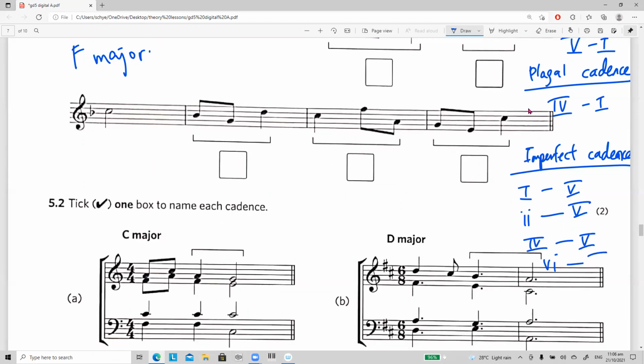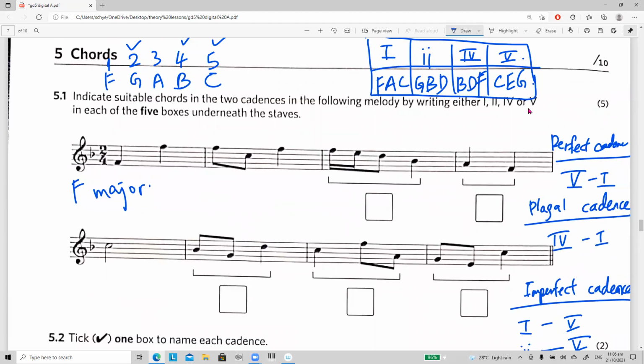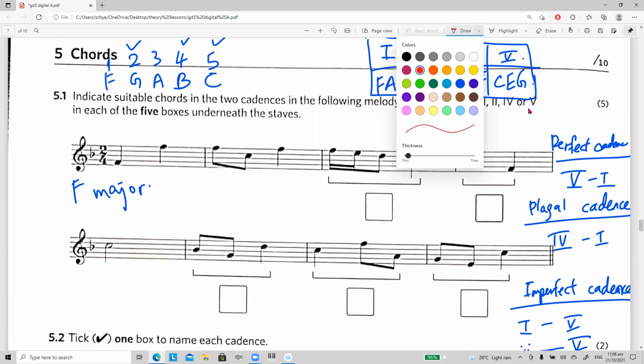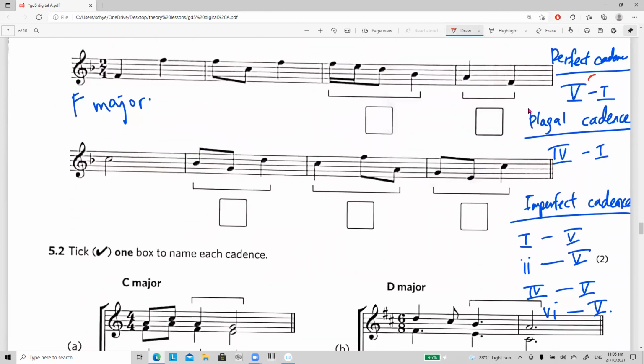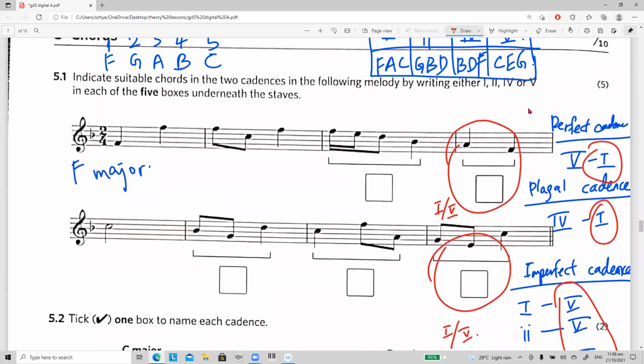or 6-5. By looking at the cadences here, you'll notice that a cadence always ends with either chord 1 or chord 5. Which means the last chord of the phrase can only be 1 or 5.